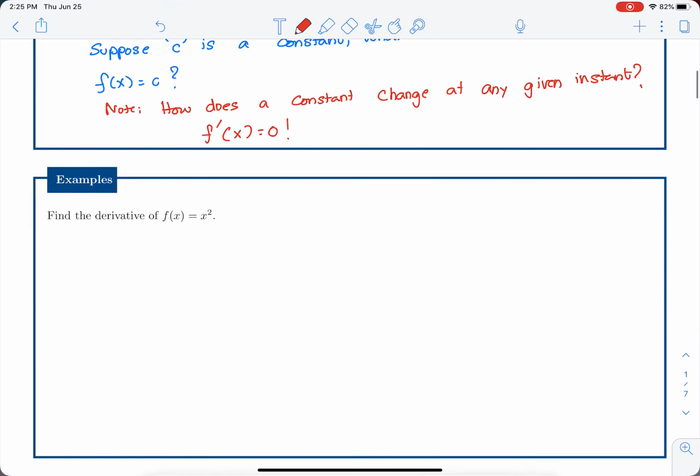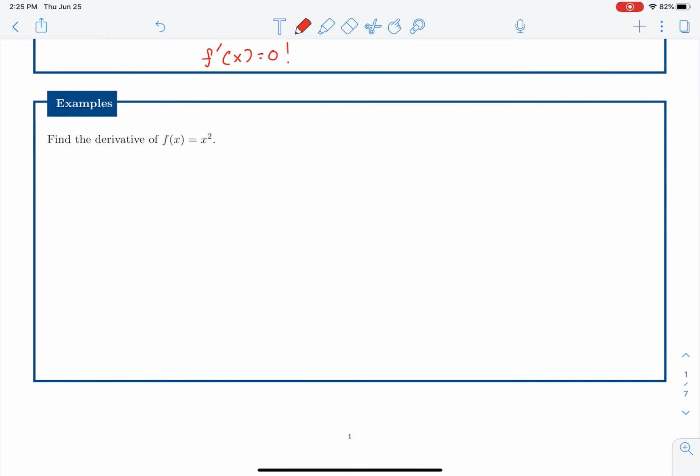So here is a simple problem. f of x is equal to x squared. We want to find the derivative. Always identify the independent variable. All the other terms are constants. So the independent variable here is x.